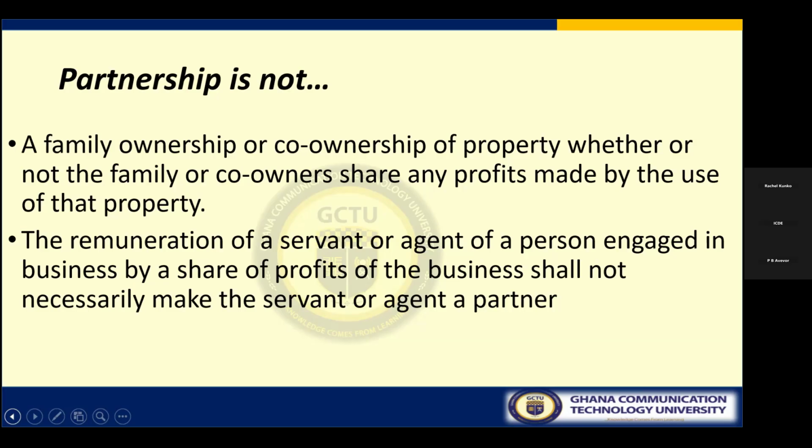Then two, the remuneration of a servant or agent of a person engaged in business by share of profit of the business shall not necessarily make the servant or an agent a partner. Yes, just as our brother said, he has an advertising company, and the workers he is working with, when you go and bring the business, there is a percentage of the fees that are charged for you as your salary.